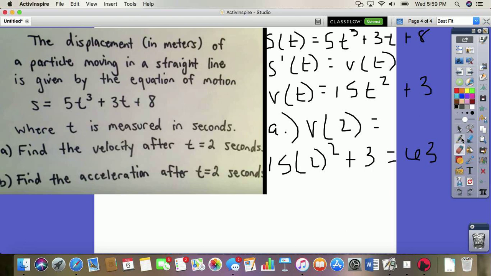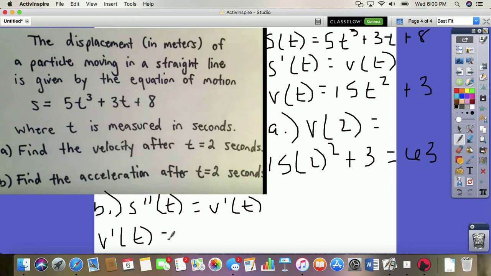But now let's take a look at the second part where it said acceleration. Well, acceleration is s double prime of t, which is equal to v prime of t. So v prime of t is equal to 2 times 15, which gives us 30t.